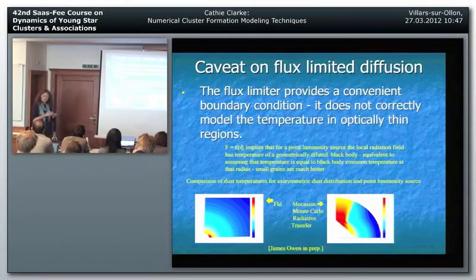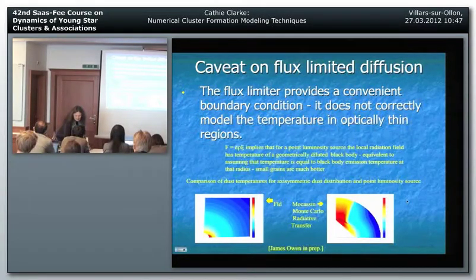So a lot of calculations in the literature, including some of the nice calculations done by Krumholz and collaborators on massive stars, up in the optically thin regime, they're using this approximation. I think it's fine if you're not interested in the dynamics in the optically thin regime, but if that's really important, then there is a beware there.